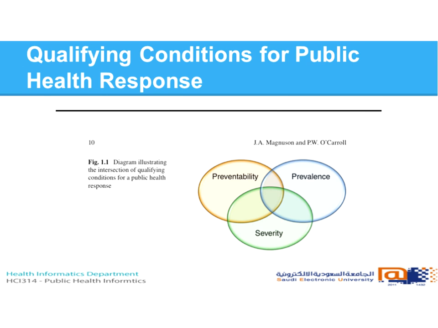So those are the purposes of public health. Public health basically deals with population health. So when it comes to a problem that can be dealt with by a public health response, it should satisfy these three characteristics: it should be preventable, and it should consider the prevalence and the severity of the problem.